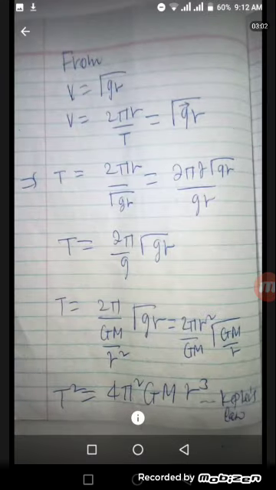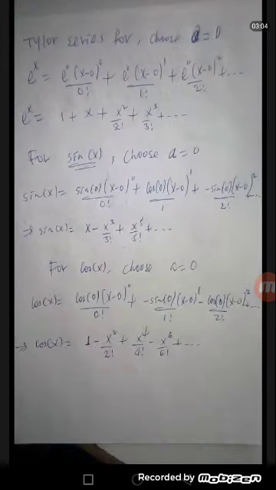Based on this, the Taylor series for e to the power of x can be written in the same way. The derivative of the original function is e to the power of x, so we choose a equal to 0. It is a convenient number.